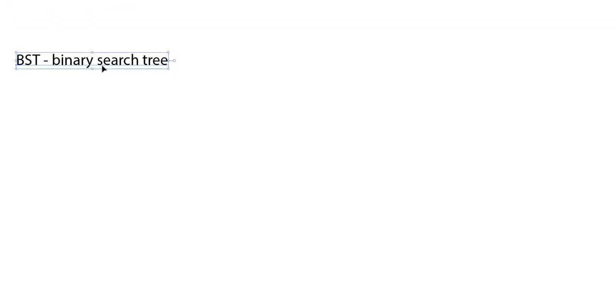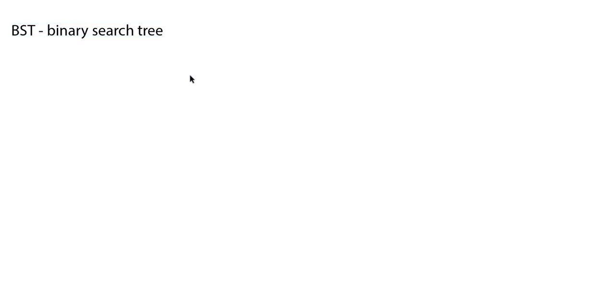So this is what we're talking about. The binary search tree can implement a dictionary in one way. So how does it implement a dictionary?